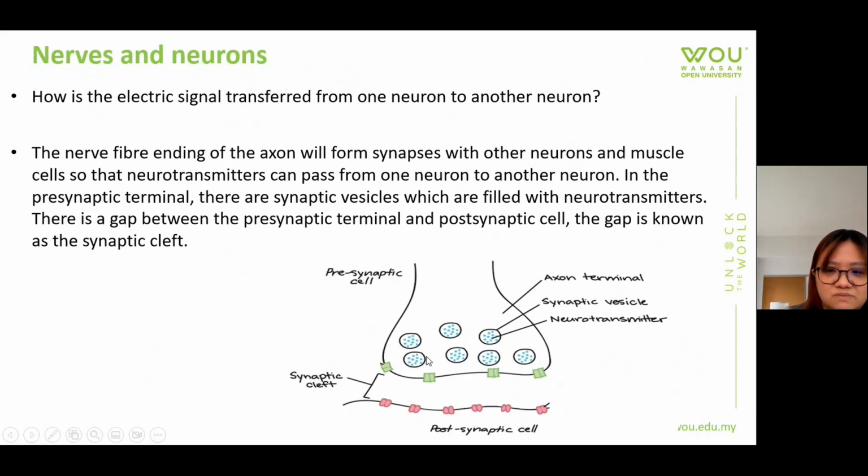The neurotransmitter will then be released and pass through the synaptic cleft to another cell, the postsynaptic cell. Like what I mentioned just now, it's something like an electrical shock. You have the opener, you have the terminal to receive the neurotransmitter. This is how information is transmitted between neurons in our body.